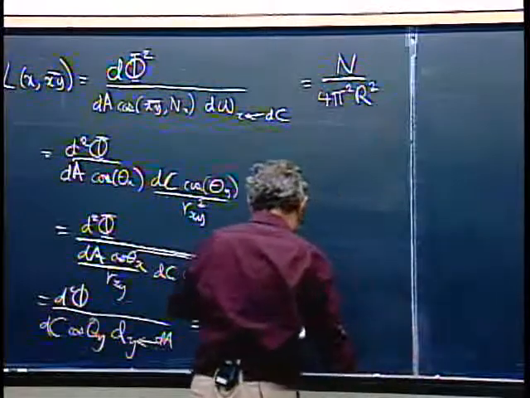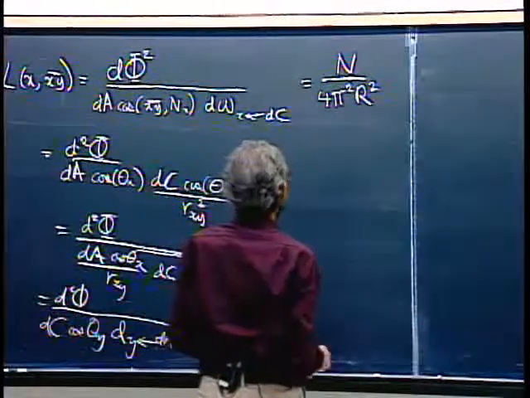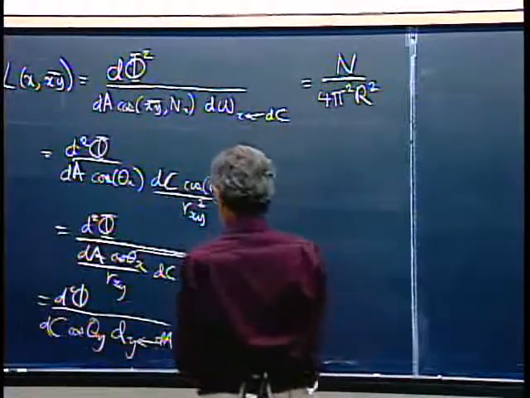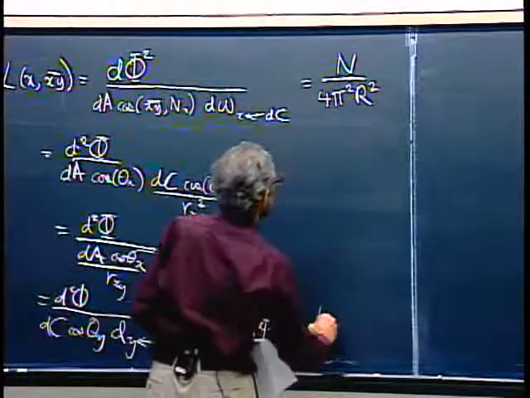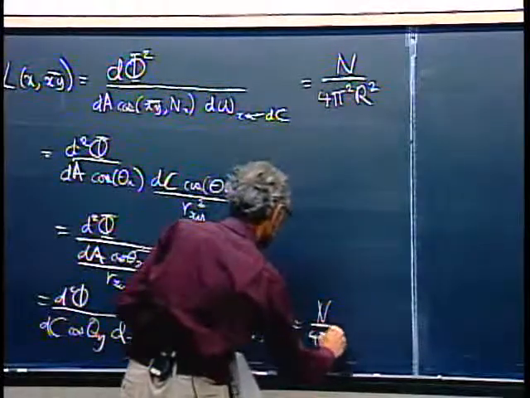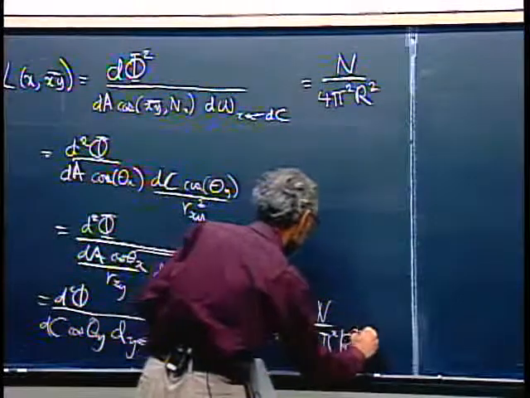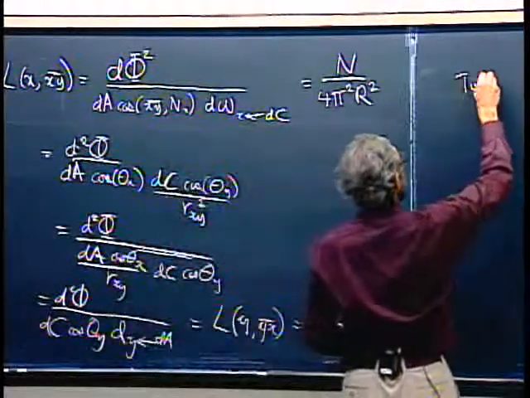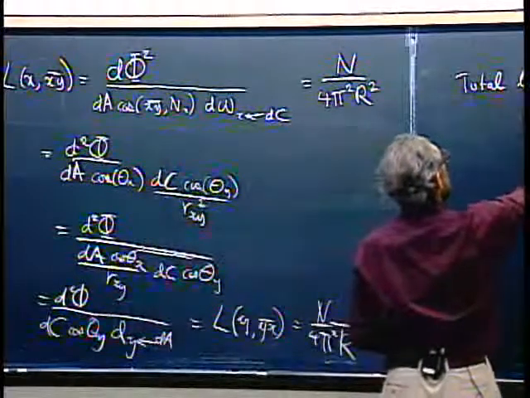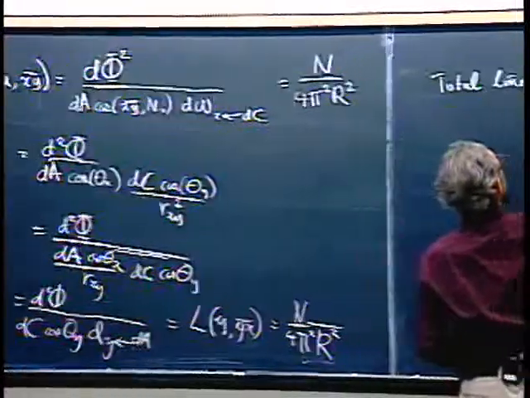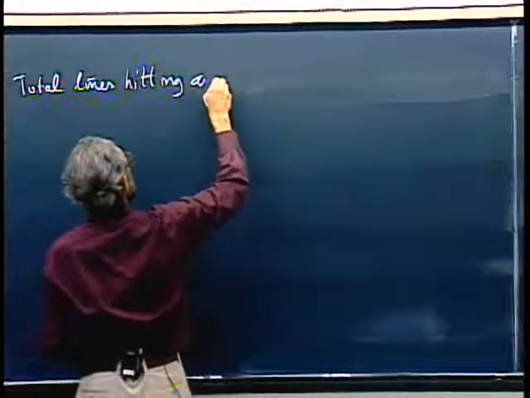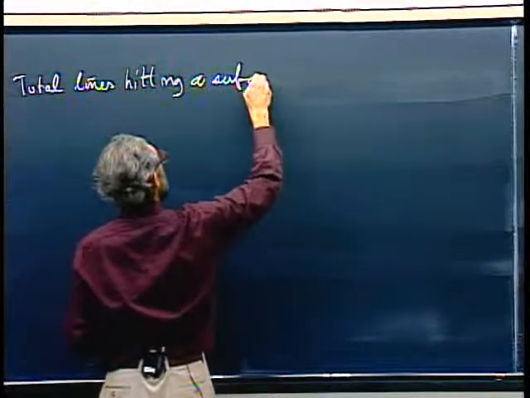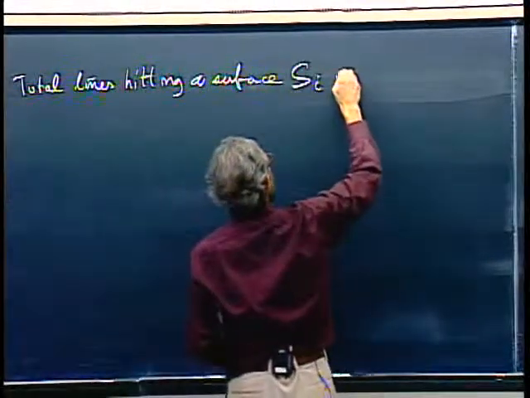Because it's not in my notes here. And that means this one also is going to be n over 4 pi squared r squared. And so now I want to look at the total lines hitting a surface S_i with area A_i.